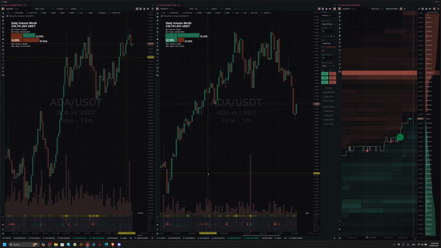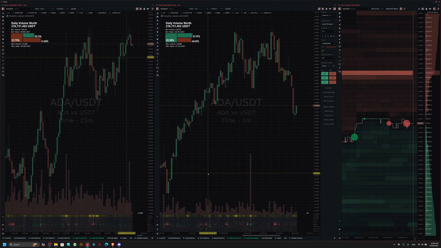On the longer time frame, we are dropping below 15%, so the uptrend might continue. We are 55% buy. So this kind of indicator will help you if you are a scalper, making very rapid buy and sell orders.